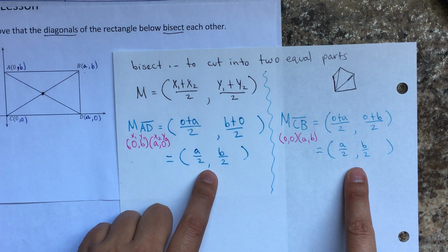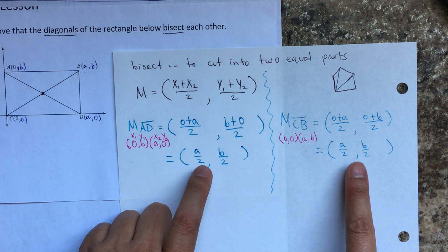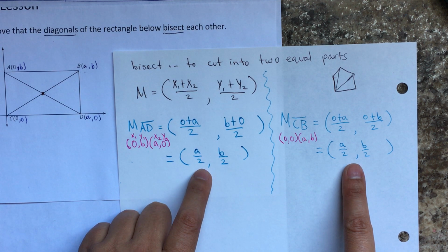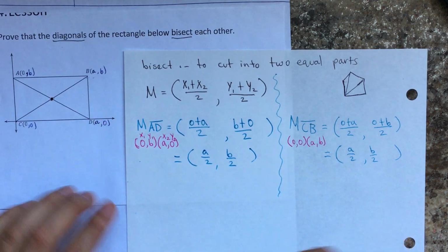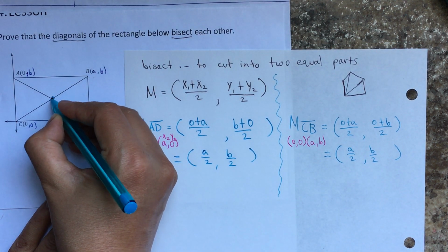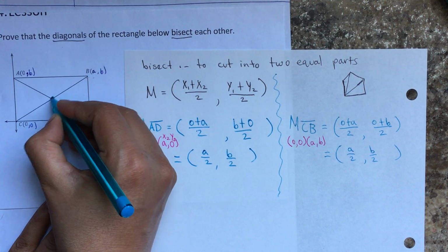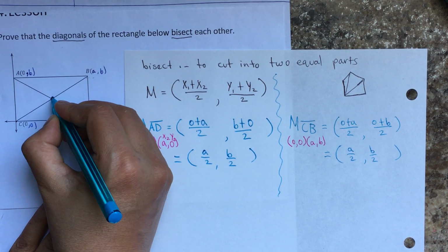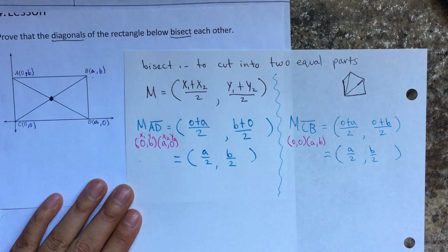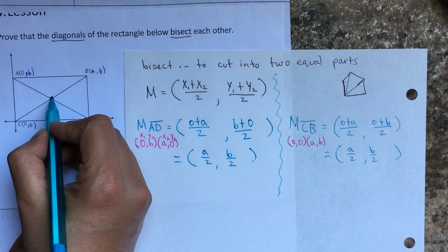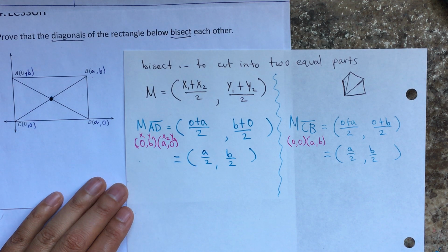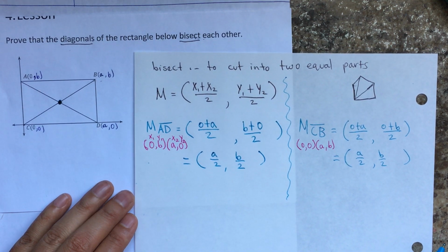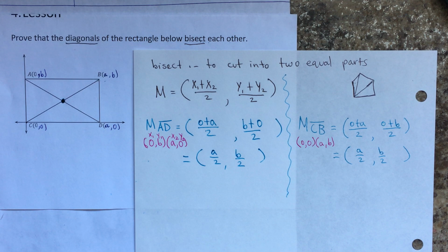So I notice that we have the same midpoint for both of these diagonals. What does that mean? If they have the same midpoint, this point is in the middle of both diagonals, therefore they are bisecting each other. Okay, so this is what you're going to be working with for 11.6.